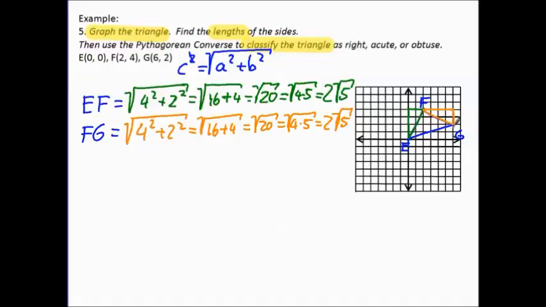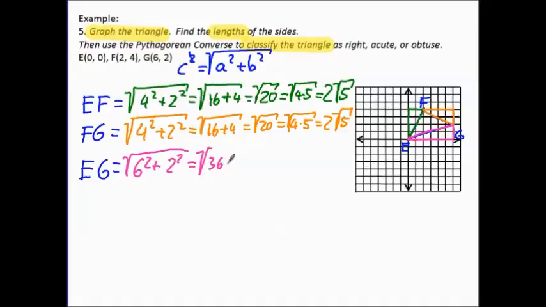And our last side, EG, is part of this right triangle. So EG is the square root of 6 squared plus 2 squared.